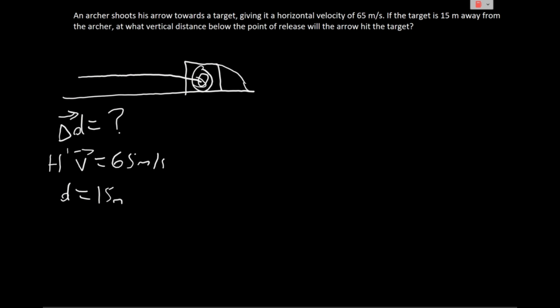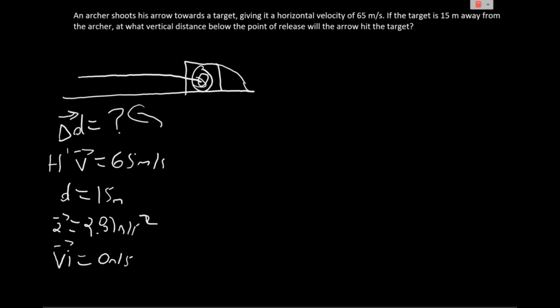Again, we're also given that the acceleration is 9.81 meters per second squared, as well as that the initial velocity is 0 meters per second. So now that we have listed all of our given values, it looks like to solve for this displacement, we need to first solve for time, as that's the one variable that we're missing for our equation.